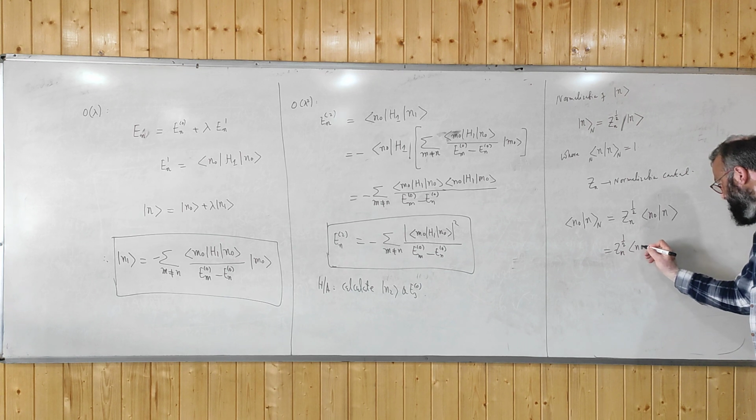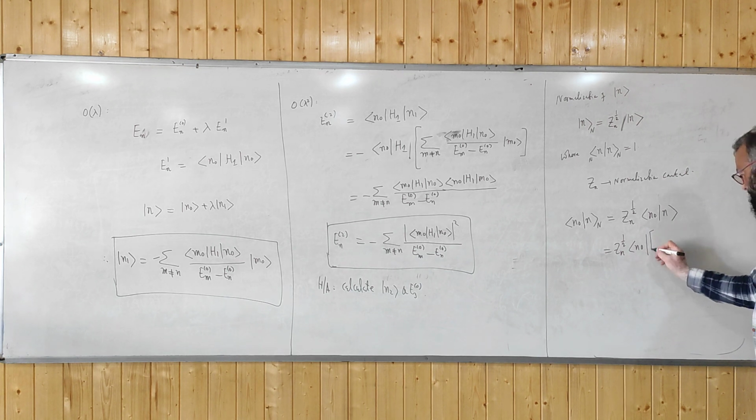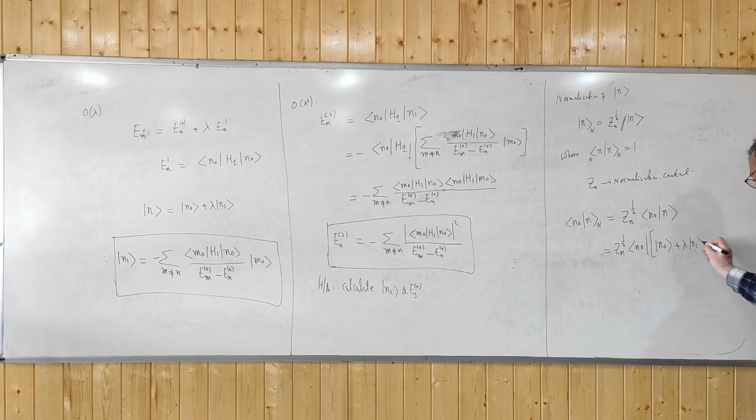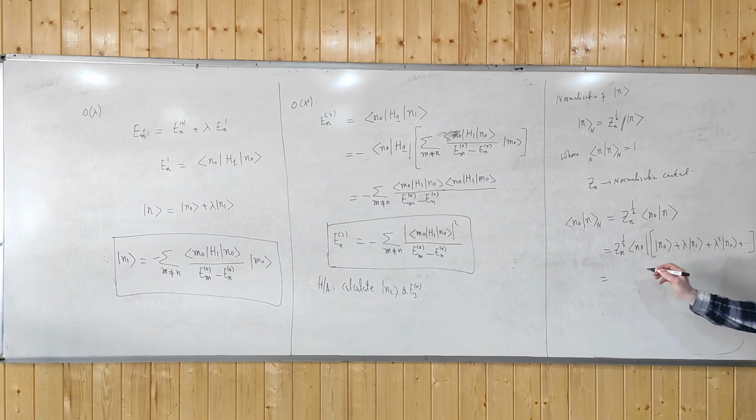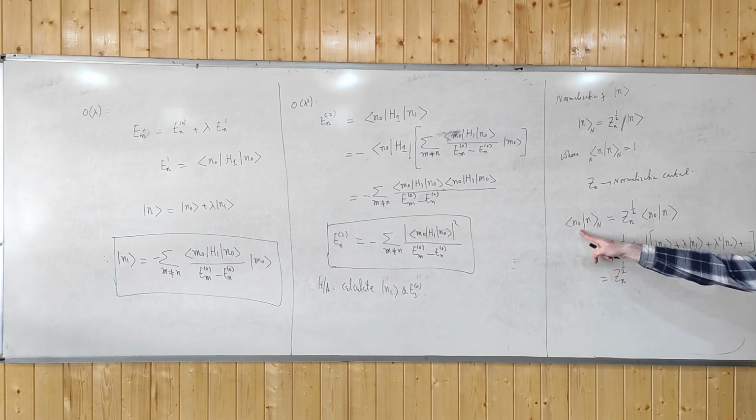What is this N1? Now tell me, what is this n? So it is n naught plus lambda n1 plus lambda square n2 plus so on. So what will I get? n naught with n naught is 1, n naught with n1 is 0. So it means you are having this Zn to the half. This gives you the interpretation of this normalization constant. So Zn to the half is equal to n naught with n. What does this overlap mean?